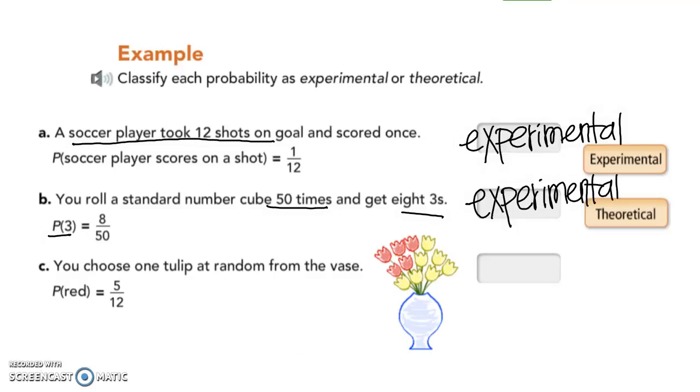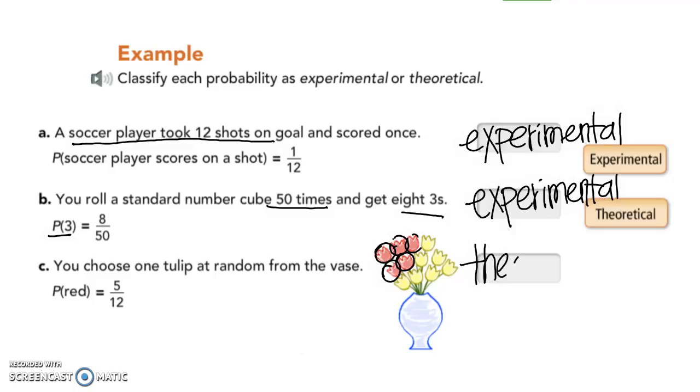Okay? C, you choose one tulip at random from the vase. So how many tulips do we see that are red? We see 1, 2, 3, 4, 5. And then how many total tulips are in there? 12. This would be theoretical, okay?